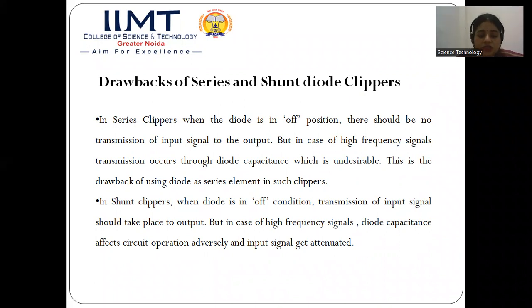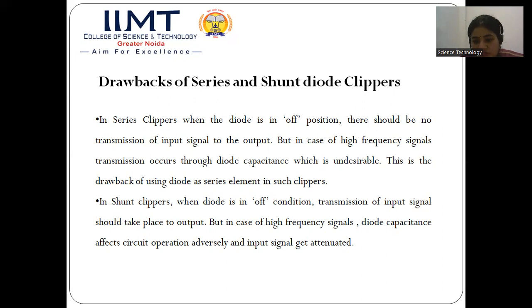The same thing happens in the shunt clipper, which is in parallel with the diode resistance. Now, when the diode is off, then there should be the output. There should be transmission of the input signal to the output. But again, in the case of a high frequency signal, it has been observed that there is no complete output signal.